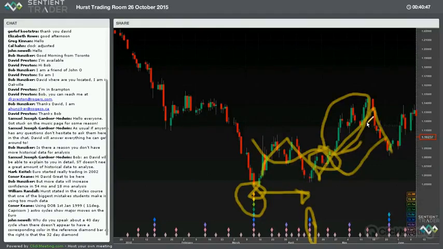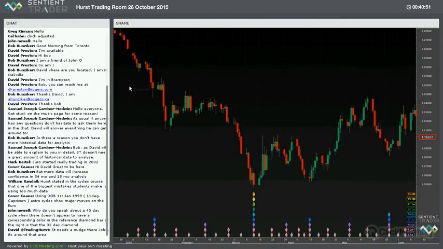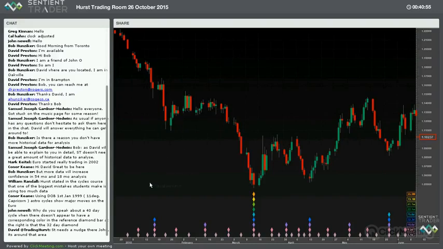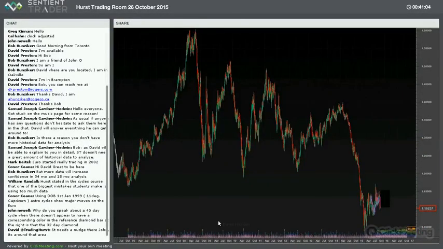Yes, if you add more data, you can perhaps get better analysis. But one of the other disadvantages of having too much data, and you should be aware of it if you're using Sentient Trader, is that some people think the more data you have, the better you can work out the wavelength of a particular cycle.